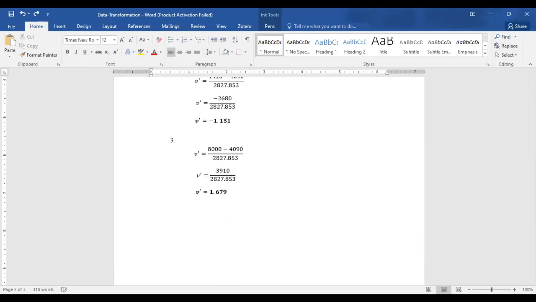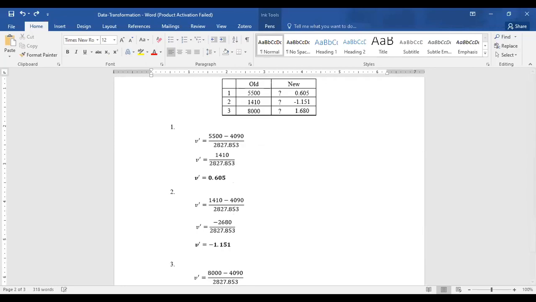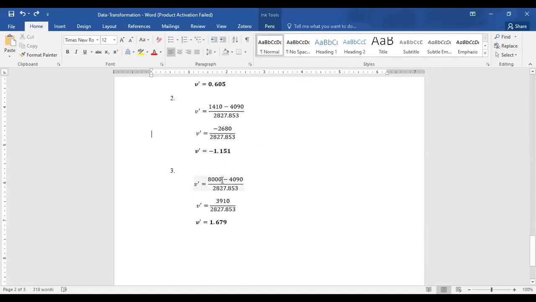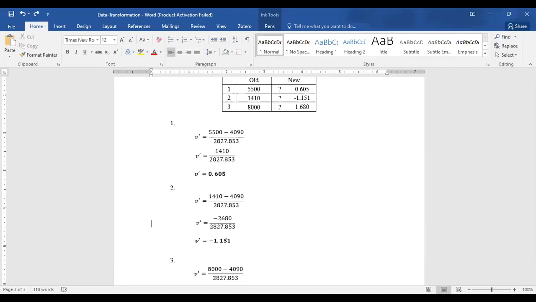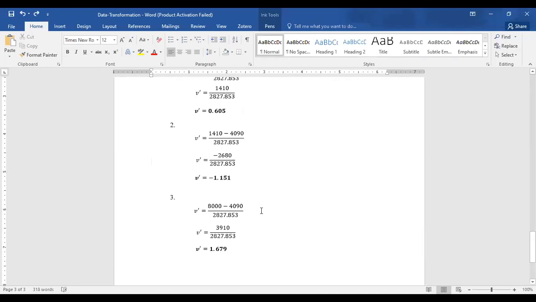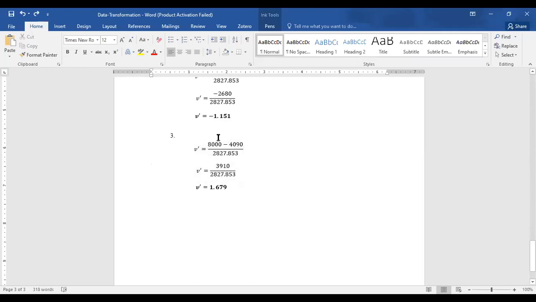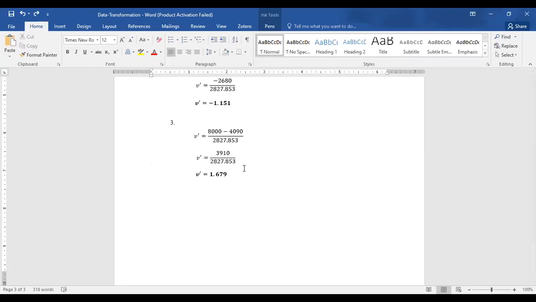Okay, so we have here the last data set, which is 8,000. So for the 8,000, we transform it with the value minus 4,090, the mean, divided by the standard deviation, which is 2,827.853. So 8,000 minus 4,090 is equal to 3,910 divided by the standard deviation.